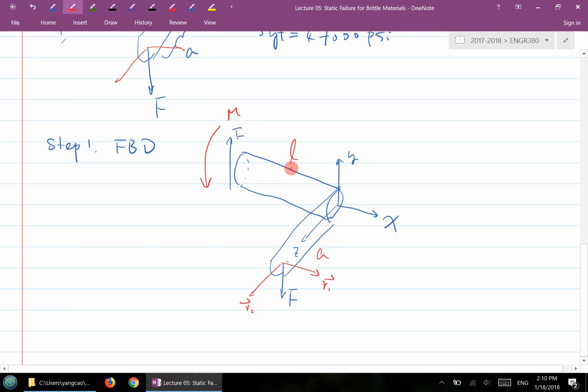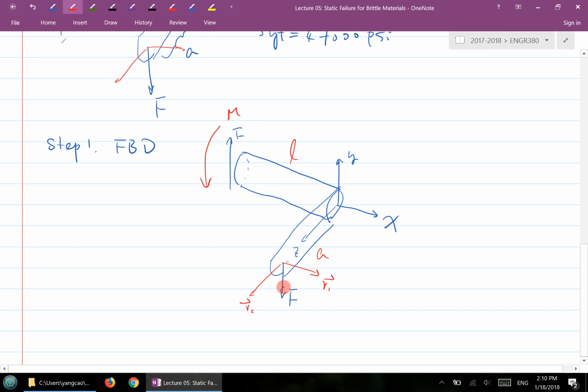See, R cross F is the bending, and then you have this side here to balance it out. If you have a bar here, it's going to bend like this; F times L bends it like this. On the wall, you should balance it in a different direction.